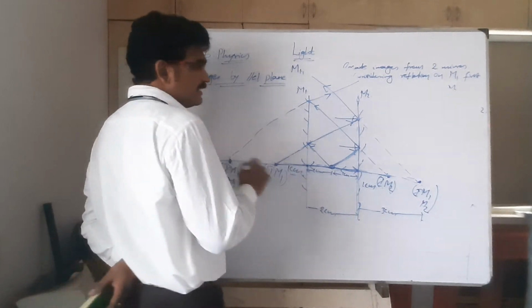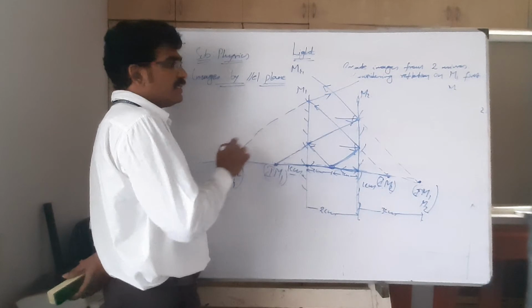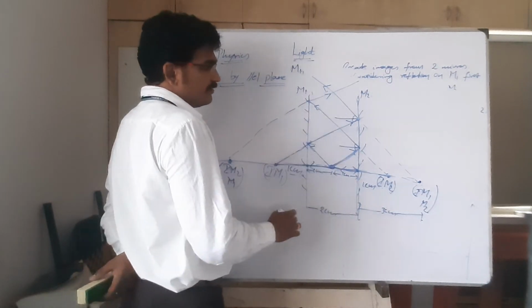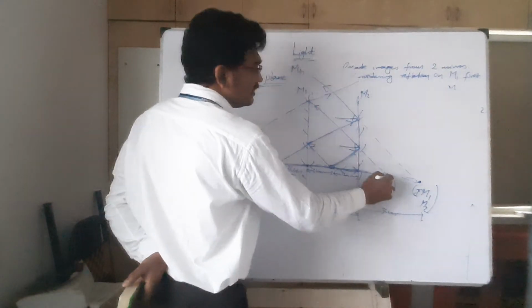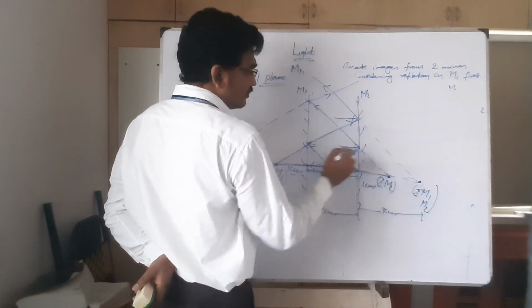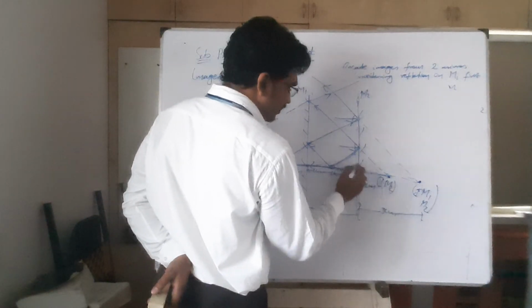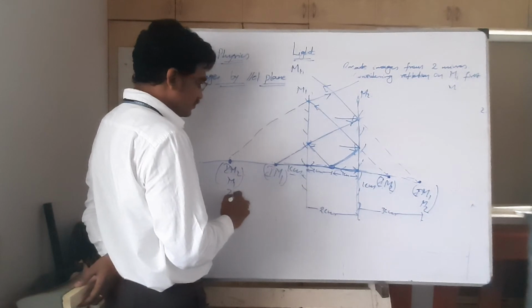At what distance is it there? So from M1, I am calculating image distance from M1. Actually this is the image of this object. At what distance is the object from M1? From here to here 2 centimeters, from here to here 1 centimeter, total 3 centimeters. So 3 centimeters.